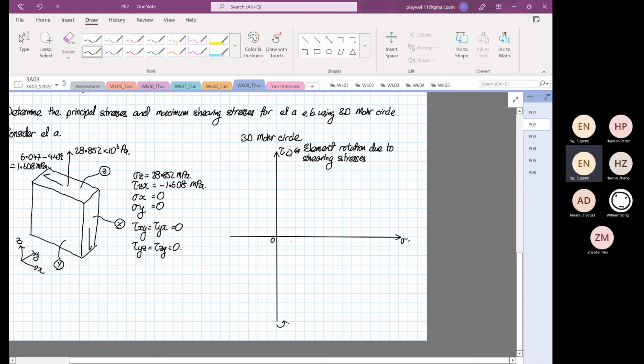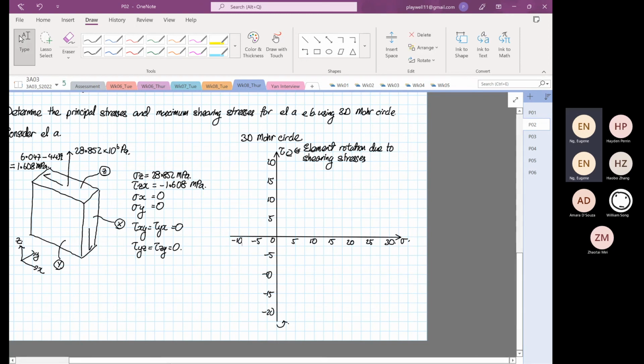Okay, so I'm going to go 5, 10, 15, 20, 25, 30. Then the scale has to be the same: 5, 10, 15, 20, minus 5, minus 10, minus 15, minus 20, minus 5, and minus 10.